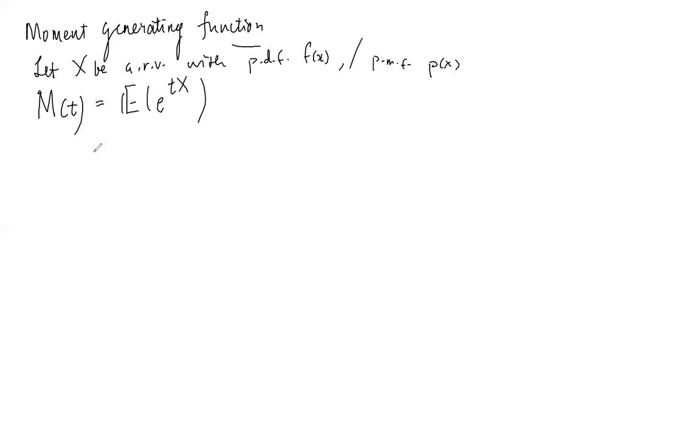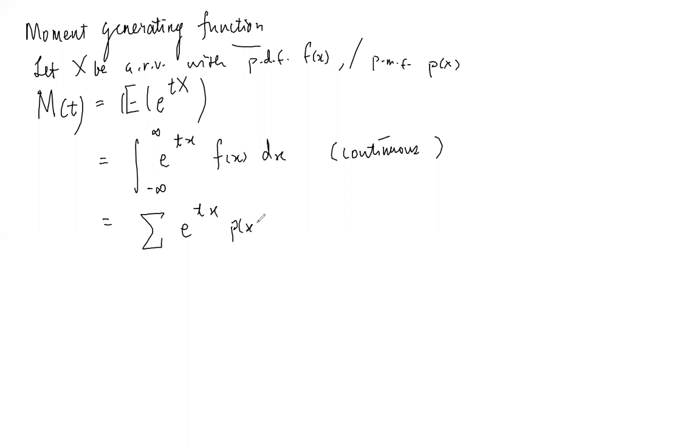So you define it like that. This will be equal to the integral of e^{tx} f_x(x) dx for the continuous case, and the sum of e^{tx} p_x(x) for the discrete case, right?